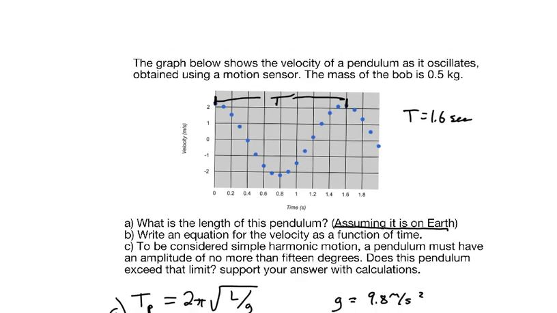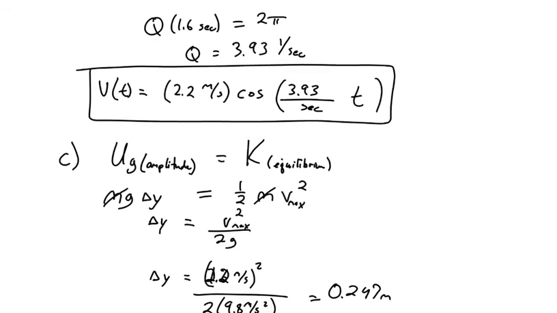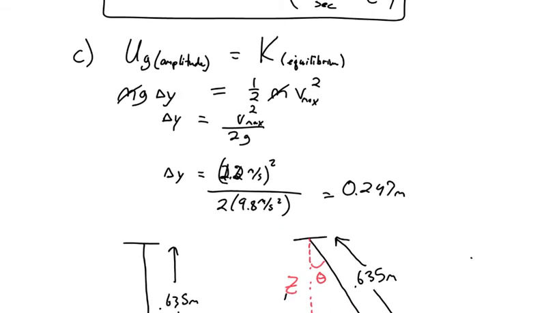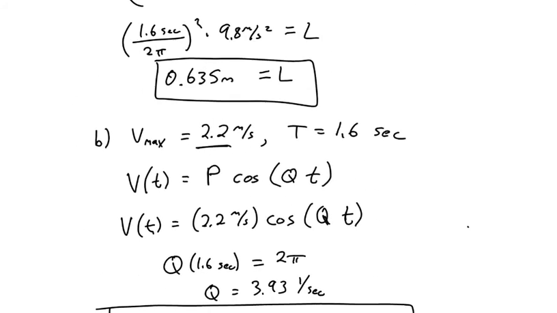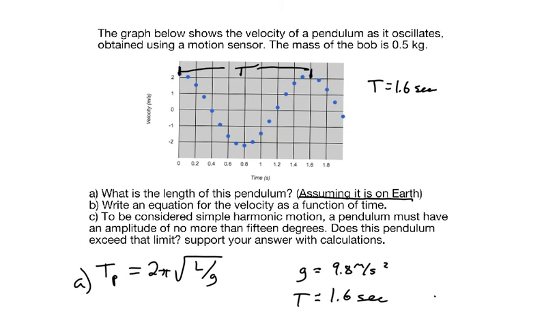The mass of the bob was given to us. We actually never even used that information. The only time mass ever appeared was in the energy equation, but it canceled out there. So actually this entire problem could have been done simply from this one graph. So as I said, lots of information there. Keep that in mind as well.